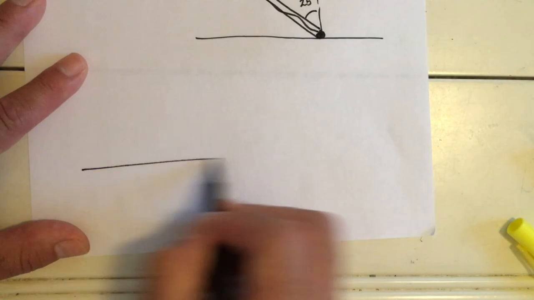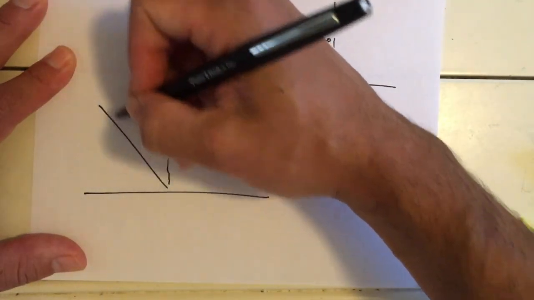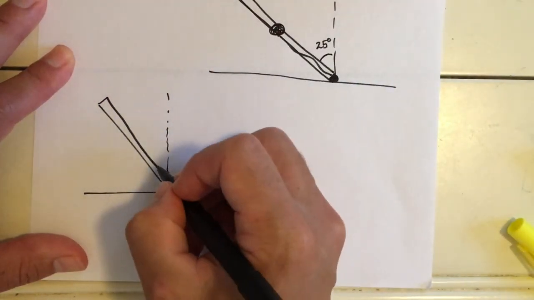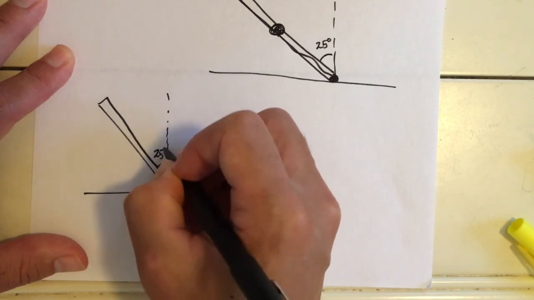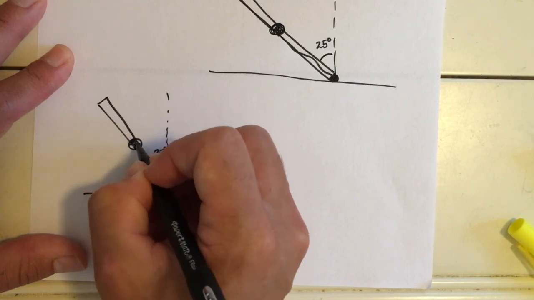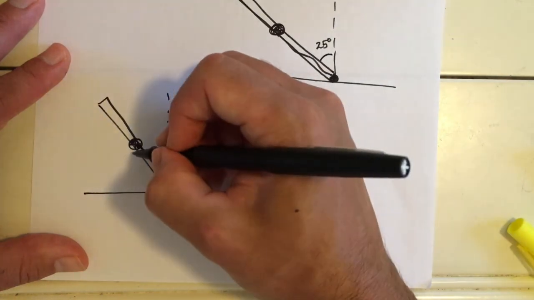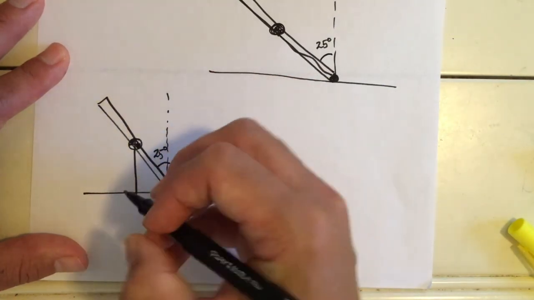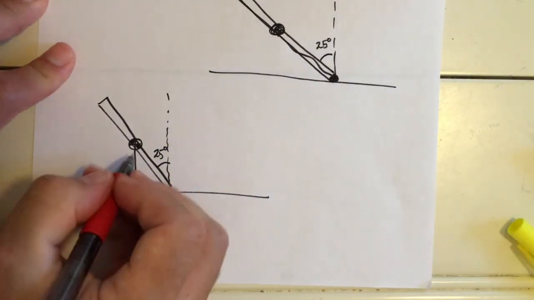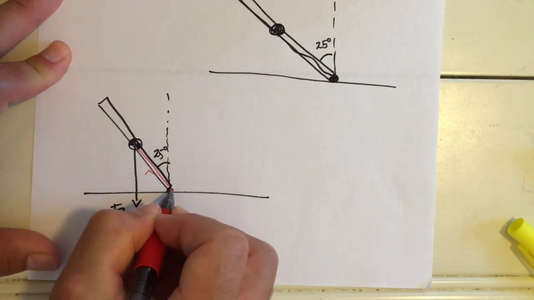All right, let me try that one more time. So we have the caber being right here, and this being 25 degrees, and this being our center of mass. That's a lot better. And this being our weight, or Fg, and this being R, and this being the pivot.